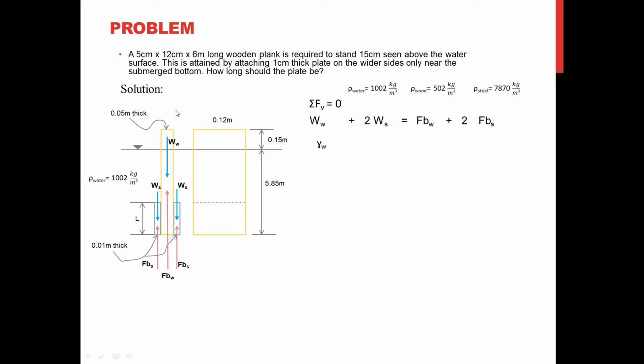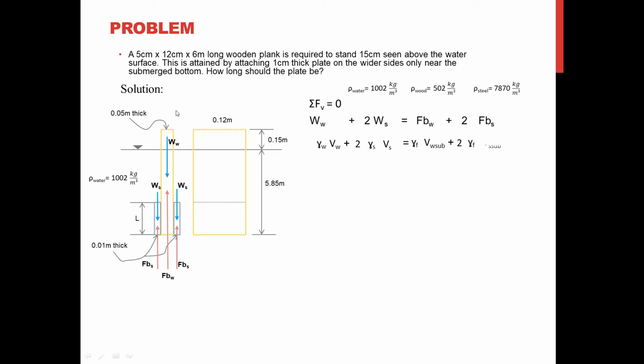So we expand our equation. The weight of wood is gamma times volume plus 2 times gamma times volume of the steel is equal to, we use now the Archimedes principle. So the formula is similar, gamma times volume, but this time gamma will be the fluid itself. And the volume involved is the volume submerged for the wood. For the steel, we have 2 of the buoyant forces.